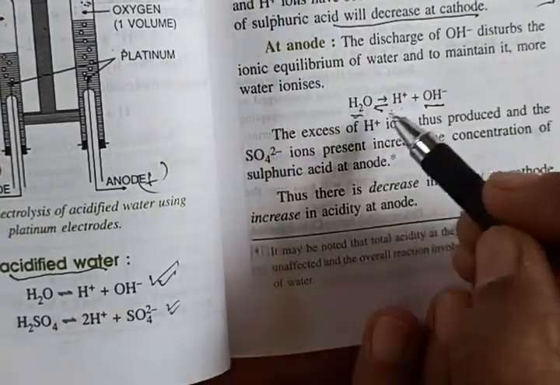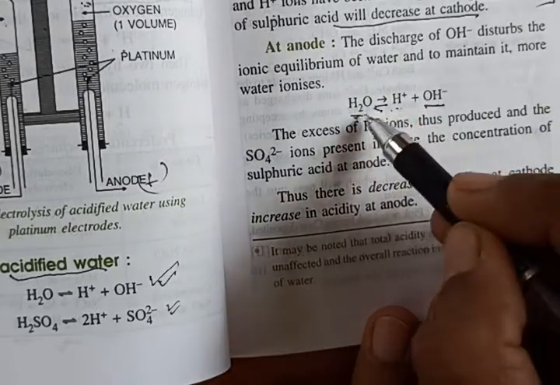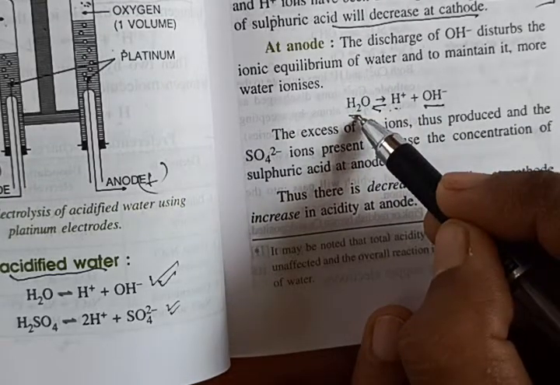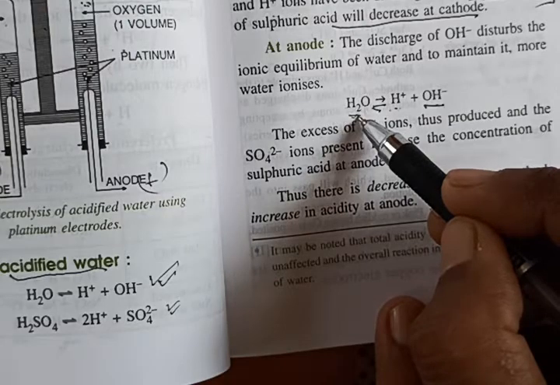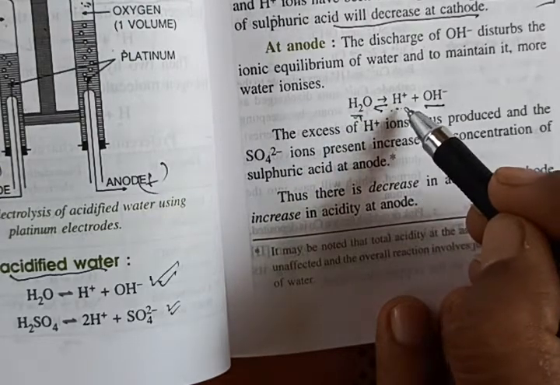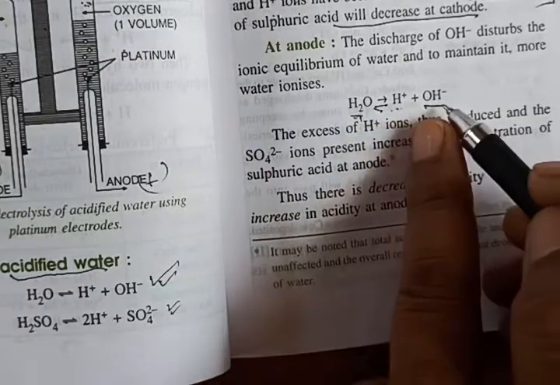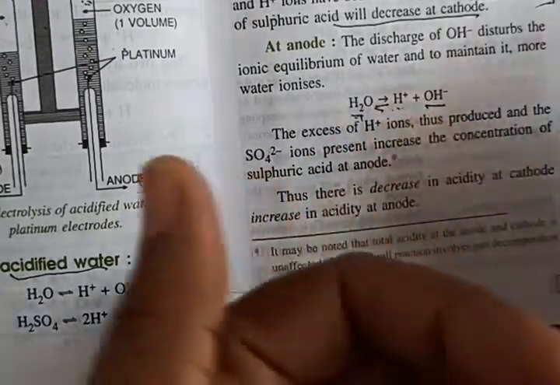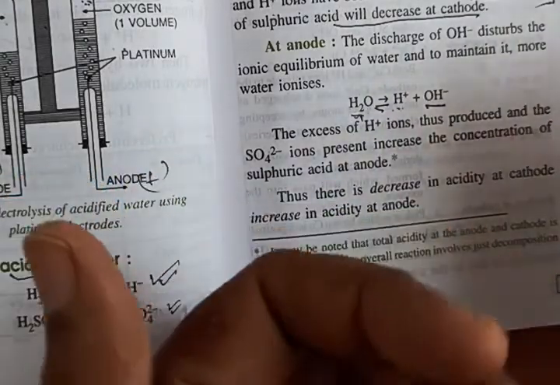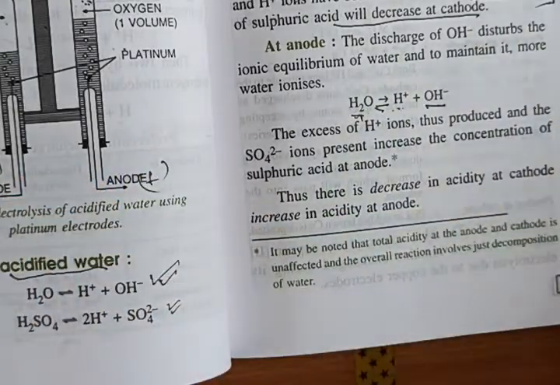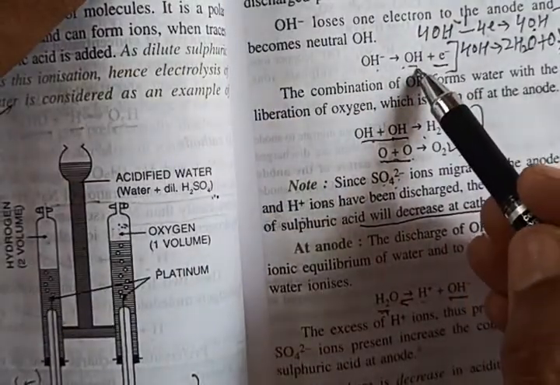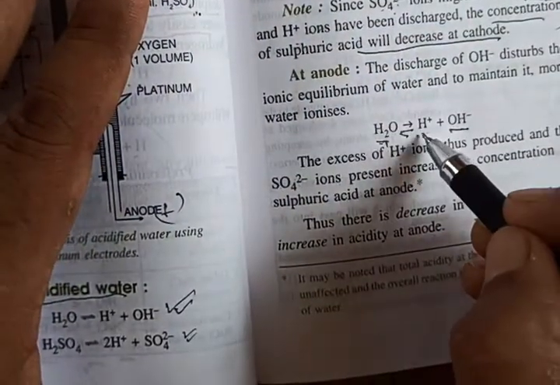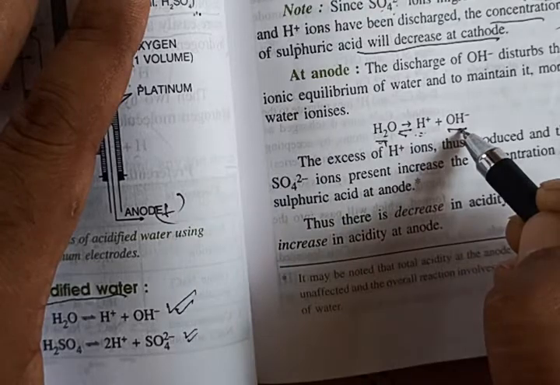There is always equilibrium between ions and molecules in the case of water, or any other ionic compound. There is a balance between the number of H and OH ions and molecules. If ions are used up and changed into some neutral part, like in the discharge of OH ion, where OH ion changes into a neutral OH radical, then the equilibrium between H and OH ions is disturbed.